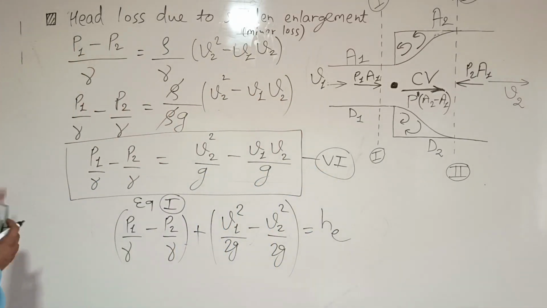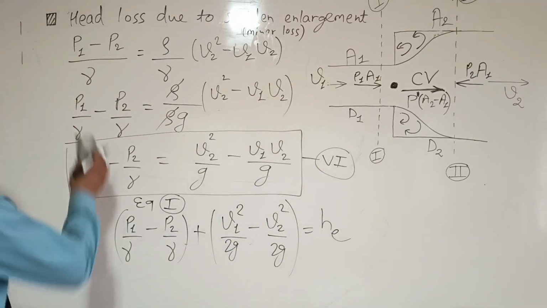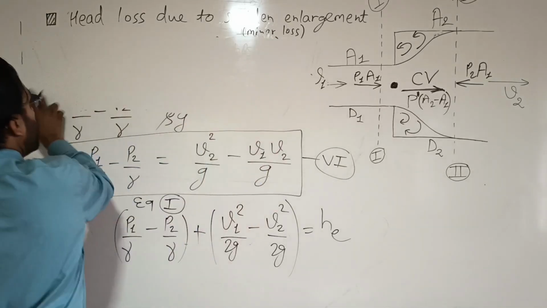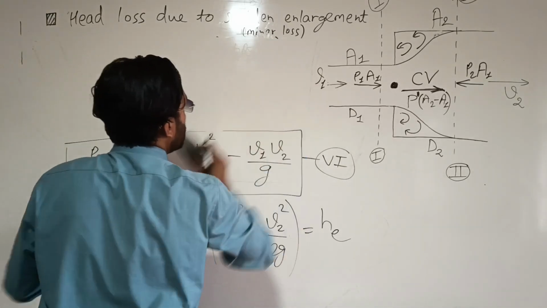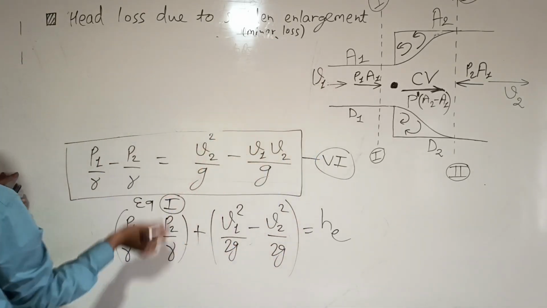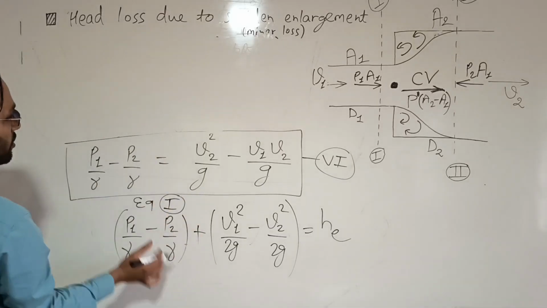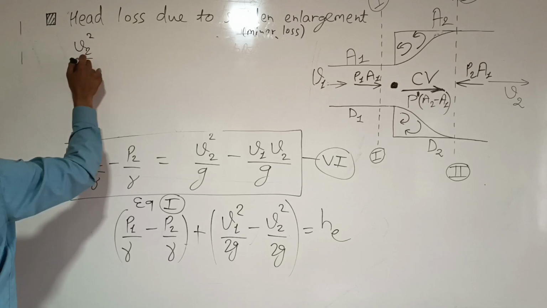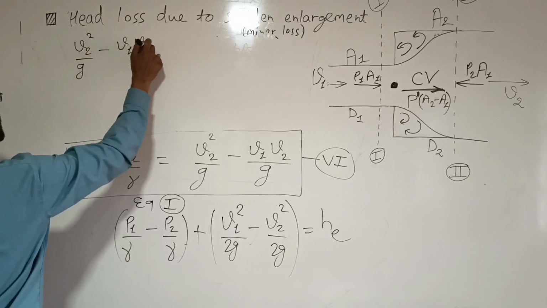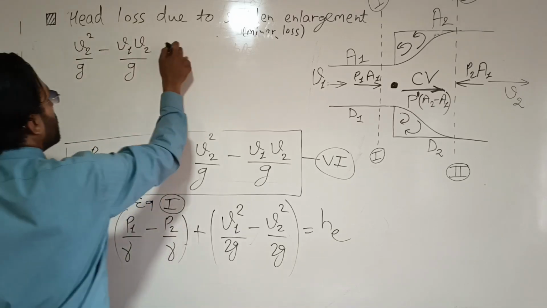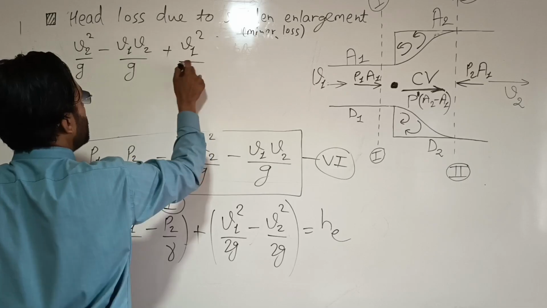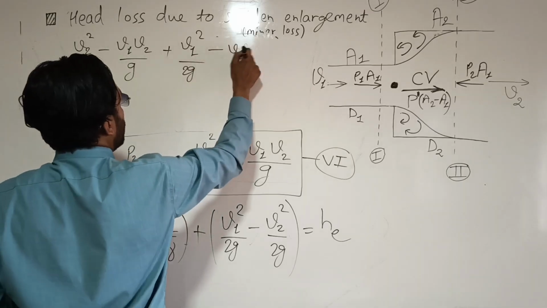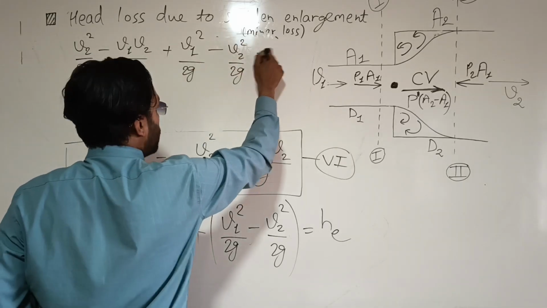So now let's substitute this above here. I'm going to erase this one, since I've got less space here. Please follow me. What do we get? That is V2 square by g minus V1 V2 by g plus V1 square by 2g minus V2 square by 2g is equal to LC.